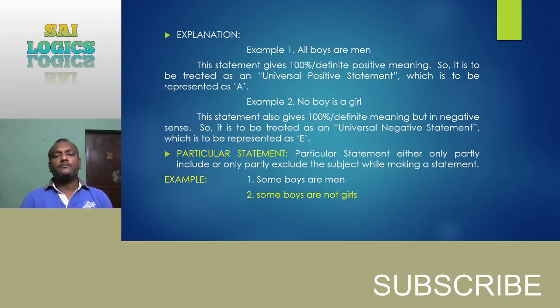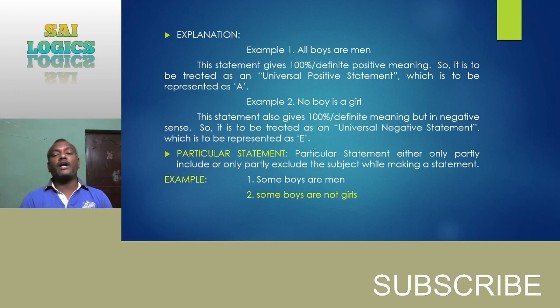Second example, no boy is a girl. No is also a definite word and it is giving definite information, but in the negative sense. When a statement is giving a definite negative meaning, it is to be treated as a definite negative statement. In other words, we need to call it a universal negative statement.